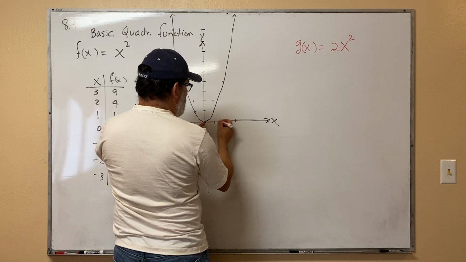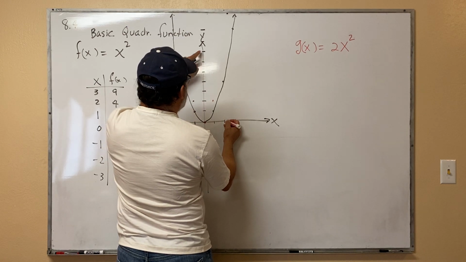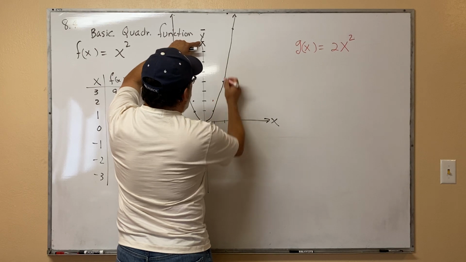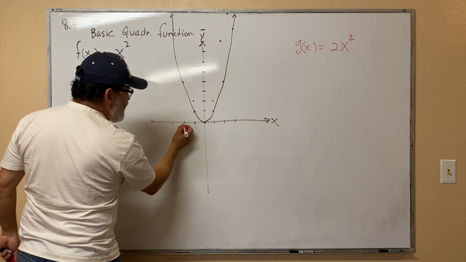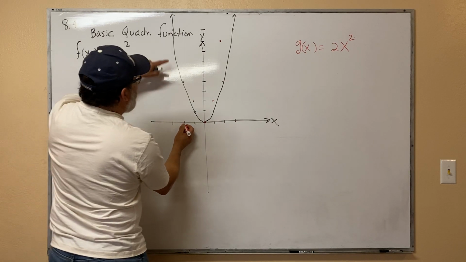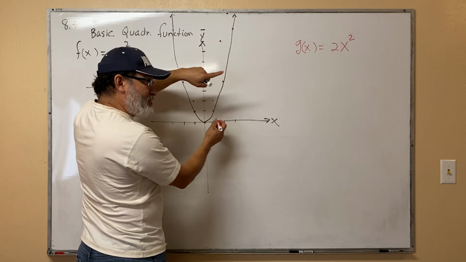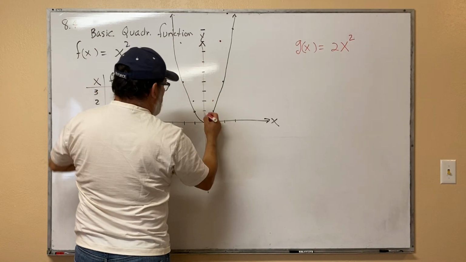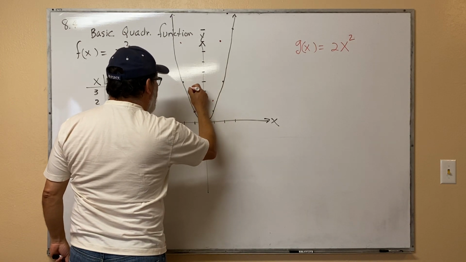So twice to your right, 8 up. 1, 2, 3, 4, 5, 6, 7, 8. Twice to your left, how many up? 8 up. 4 times that 2, 8 up. Okay? So it looks like this.